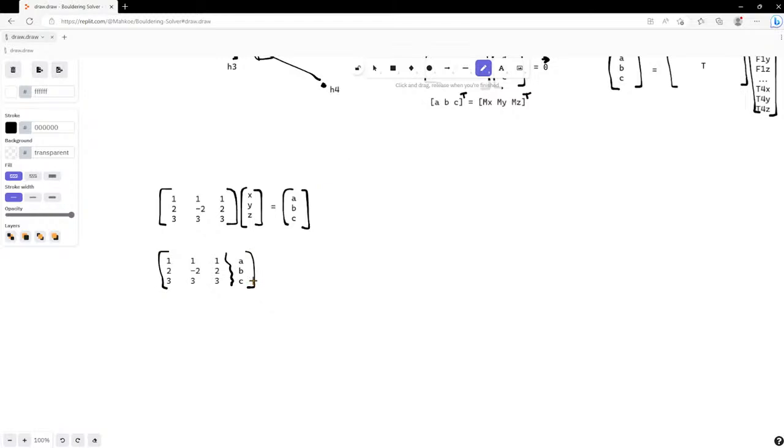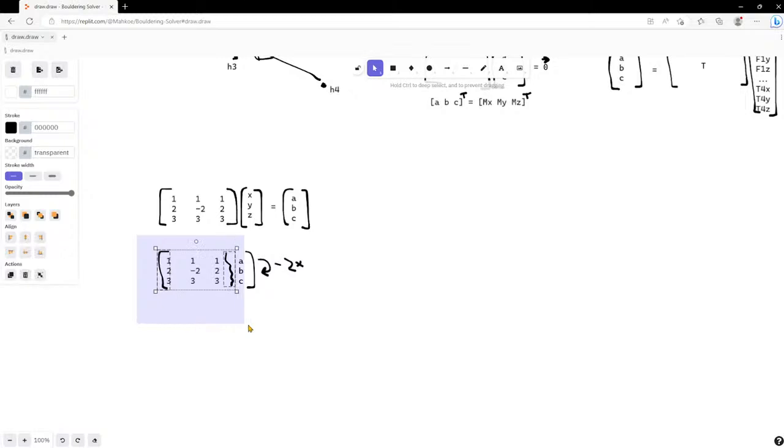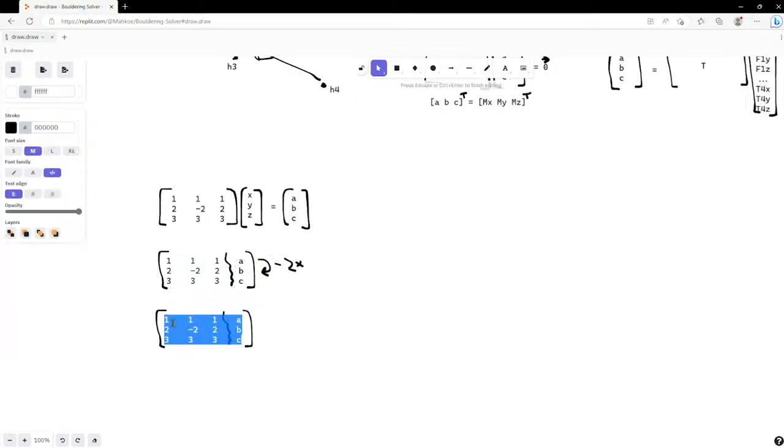So first what we do is we subtract 2 times the first row from the second row. So then what we get is this. This becomes a 0 as desired. This becomes minus 4. This becomes a 0. And this becomes b minus 2a.